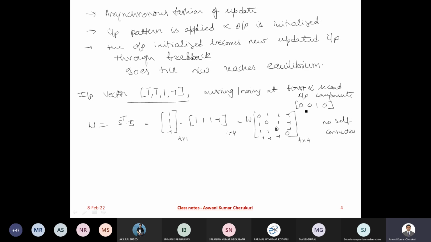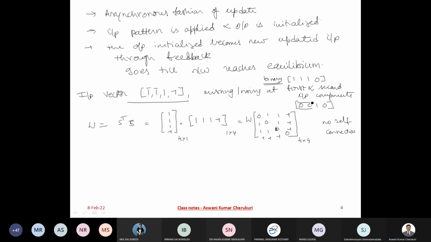Now the point is, you are given the input. The input that is given is 1, 1, 1, 0. This is binary. Remember, we have created the weight matrix for a bipolar pattern, and we are taking the binary input, in which we consider the first two as noisy inputs.